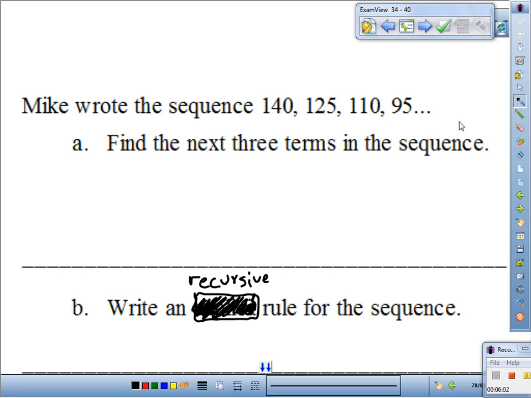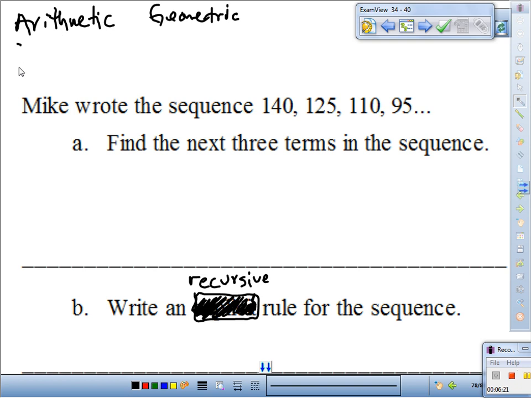We have two rules that we learned, one for arithmetic sequence and one for geometric sequence. Arithmetic and geometric. The arithmetic sequence looks as follows. F of n equals f of n minus 1, and if it's arithmetic, it's plus d.